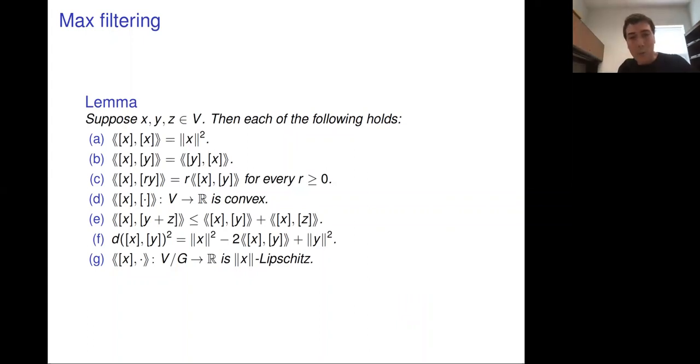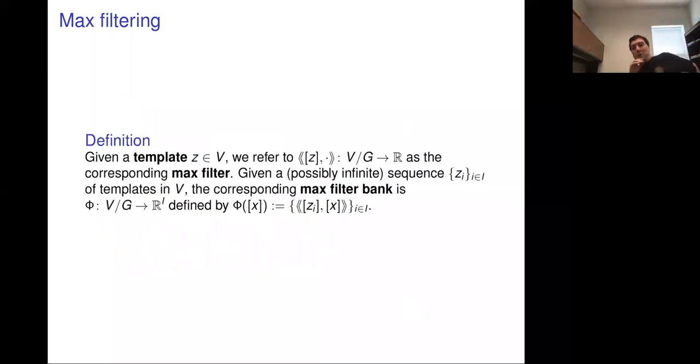I'll also make reference later in this talk to properties F and G here. But this slide is not saying a whole lot. It's just saying that when you stack a bunch of max filters next to each other, we call that a max filter bank.